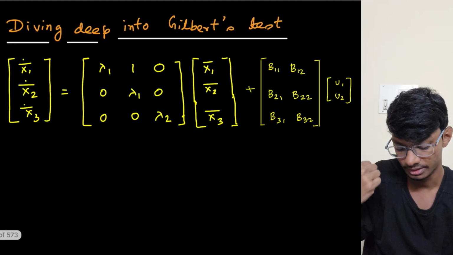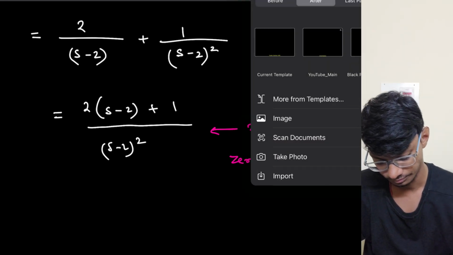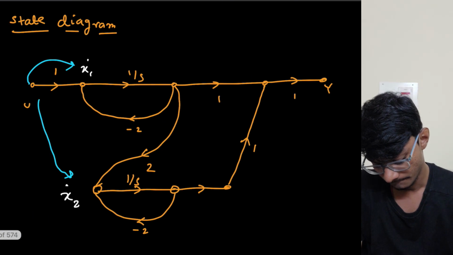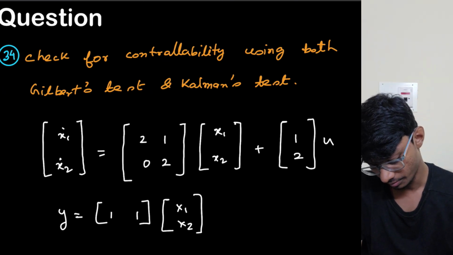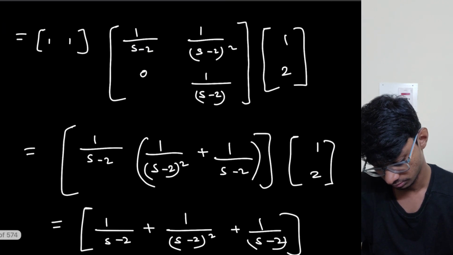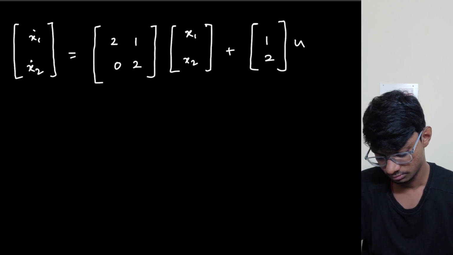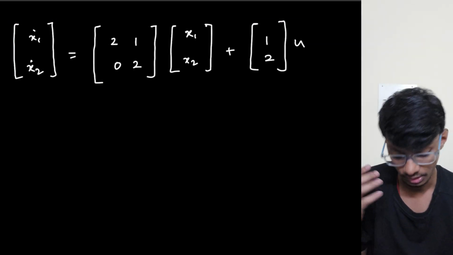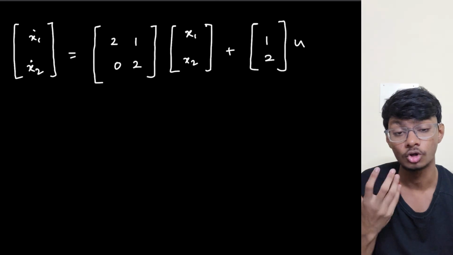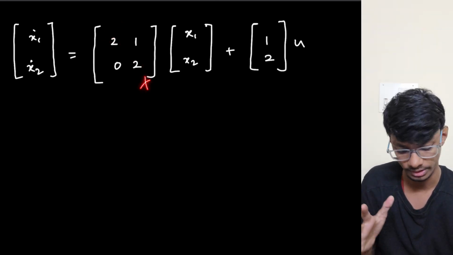Now let's do the Gilbert test. Gilbert test is easy. Let me copy this one. How many Jordan blocks are there? Is it 2? I have 2 repeated eigenvalues, but is it 2 blocks? No, it is only 1.